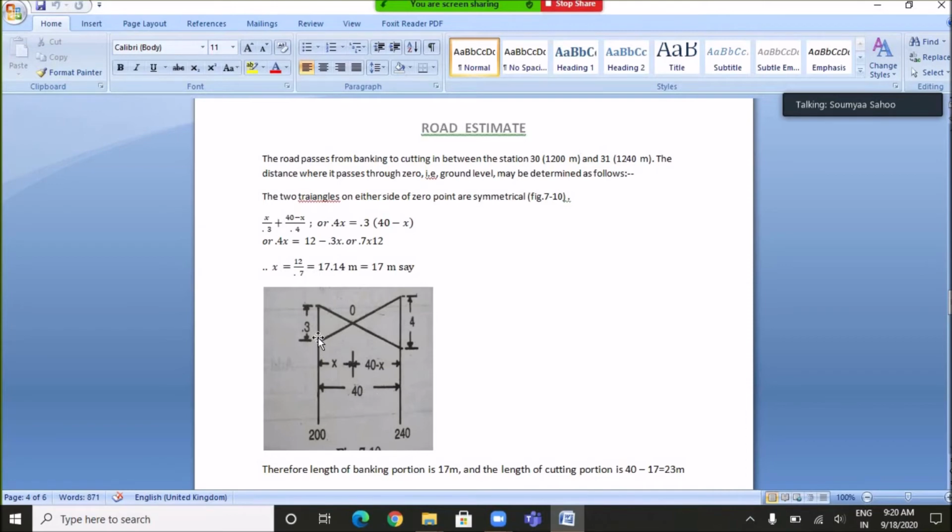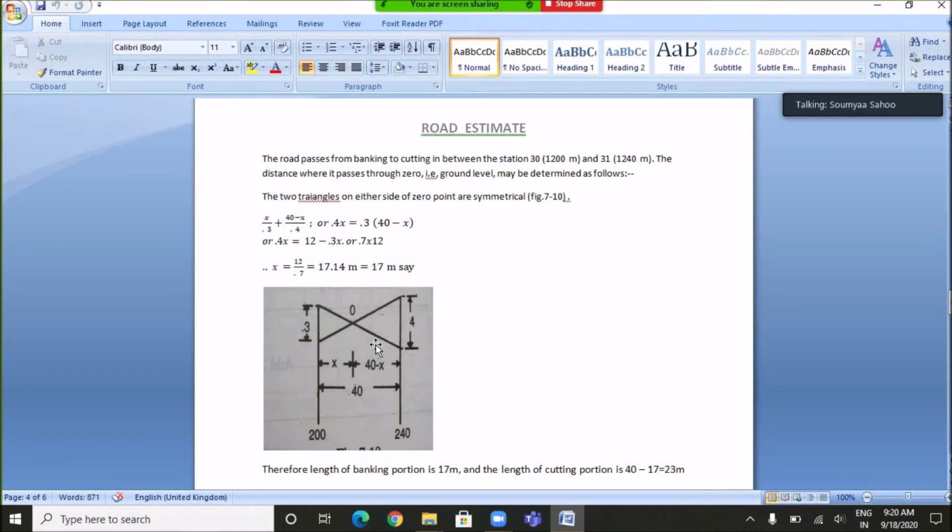So from station number 30 up to the point where the formation level of the road and the natural ground surface intersect is assumed to be x, and after that point up to station number 31, the distance is taken as 40 minus x meter.